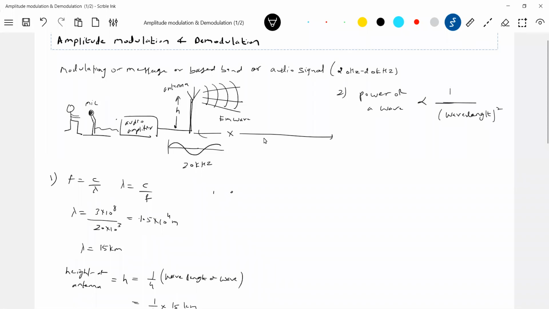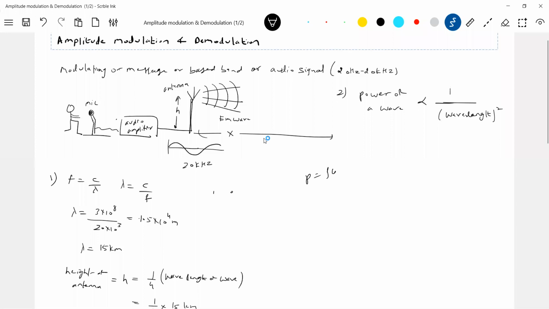For an EM wave, the power and wavelength are related. So how has this equation come like this? From where does the wavelength come? The intensity of an EM wave is epsilon naught E_rms square, and E_rms is just E naught by root 2. So from where are you bringing the wavelength?